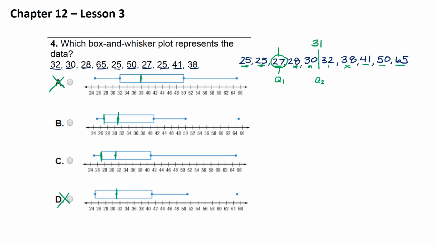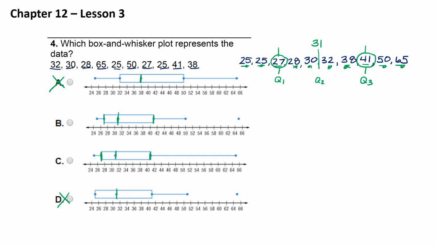Let's find the middle of the upper half. Left, left, right, right, middle. So 41 is quartile 3. All right, for B, 41 is quartile 3. C, we have quartile 3 as 41 as well. So both B and C have quartile 3 as 41.